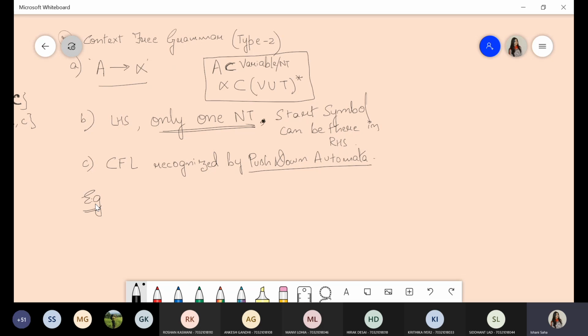So you have to mention push down automata only if asked. So if asked, we have to mention only the same level ones, right? Yeah, exactly. Okay, thank you. So the production is in this form.